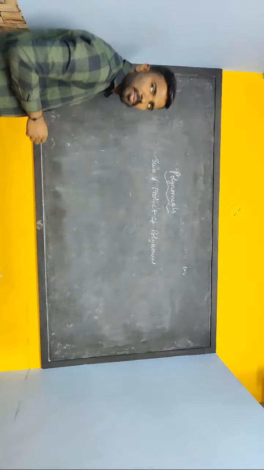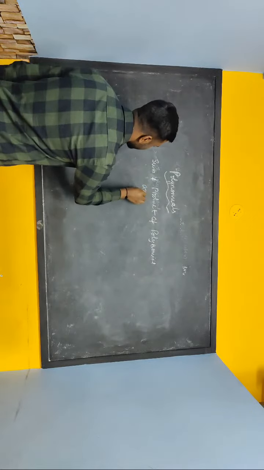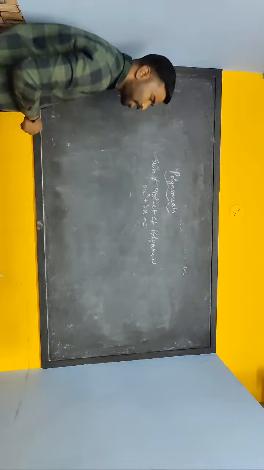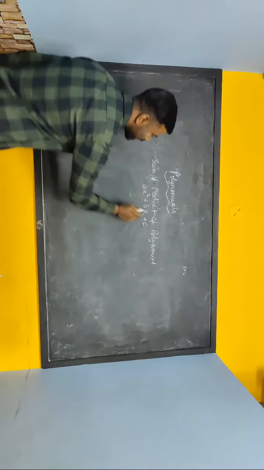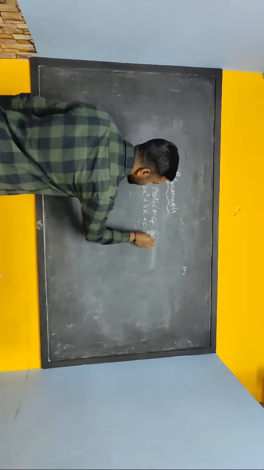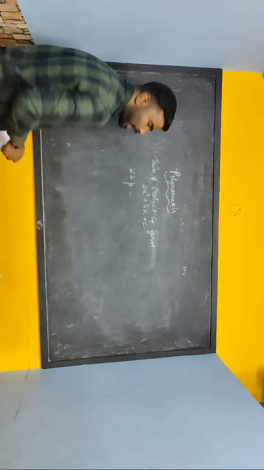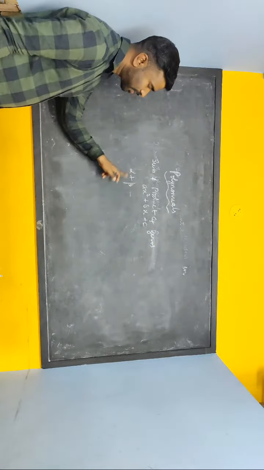For the given polynomial ax square plus bx plus c, the sum of zeros and product of zeros. Consider the zeros as alpha and beta.